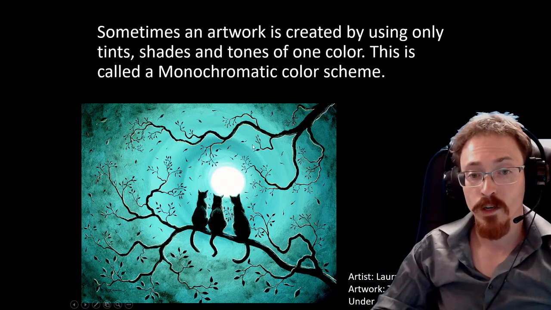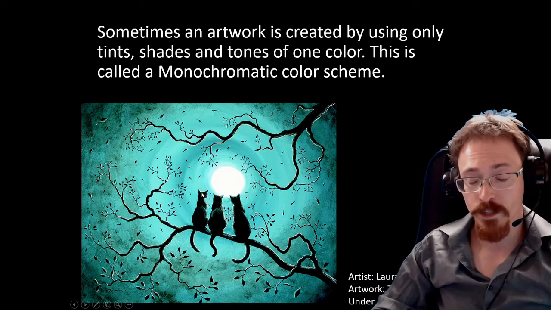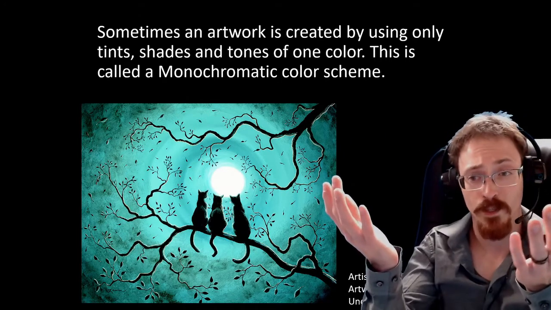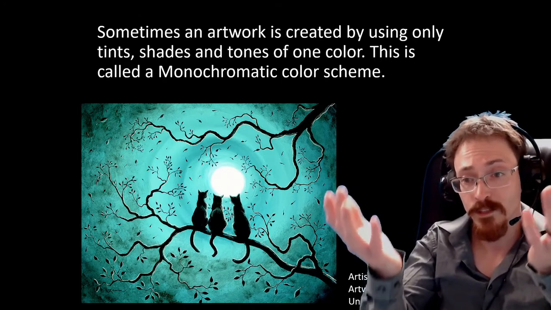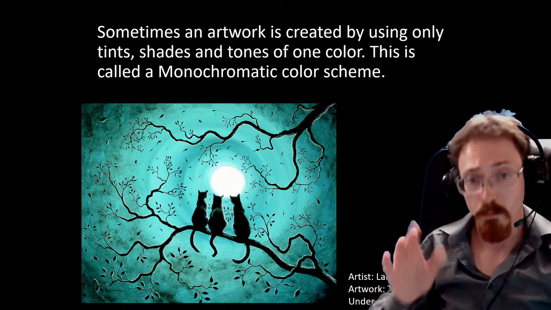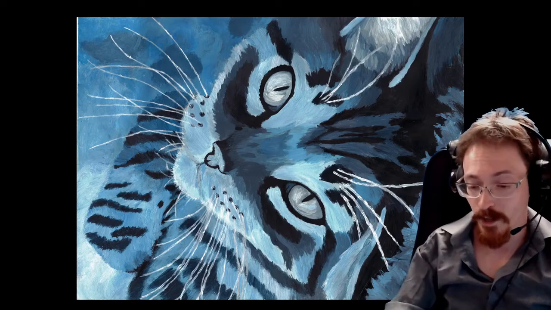This entire artwork is made up of one color. It's just blues with some blacks and whites added to it, so it's different variations of blue in one artwork. This is also another example of a monochromatic color scheme. And like I said, in 8th grade, we do cover this, and you have the option of doing something like this. So that's my Art 3 class.